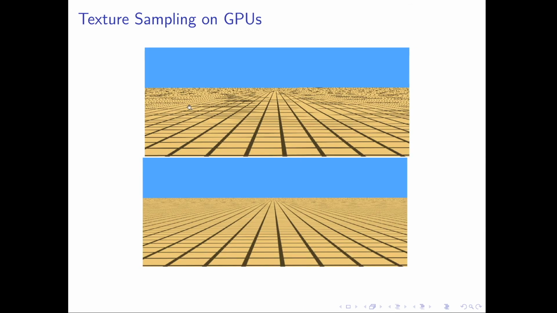When we talked about sources of aliasing earlier, we also said that texture sampling can be a source of severe aliasing, and you can see this in action here. What I'm doing here is sampling the texture with the same sampling rate that I'm also using to convert the polygons in the scene to produce the raster image. That's not necessarily a good idea, in particular when you have textures with high frequencies in them and you map them to polygons that are far away.